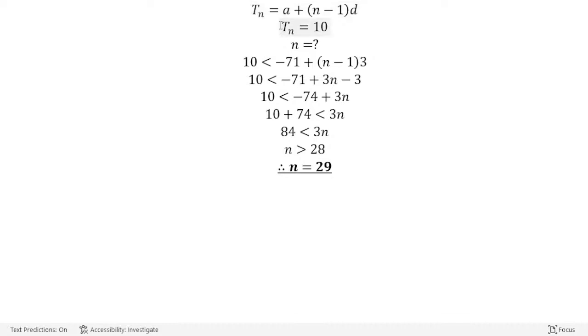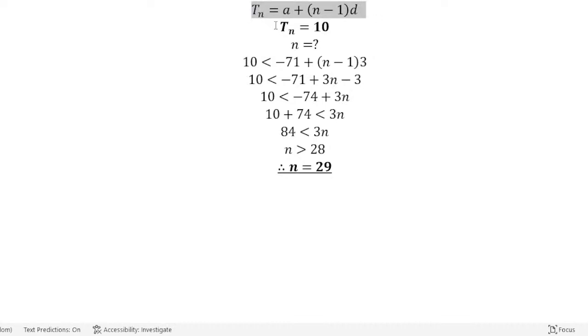So in other words, Tn is equal to 10. Then what is the value of A? The value of A is always the first term of the sequence. Then D is the common difference, because we are told that it is an arithmetic sequence. Then we have this general form.